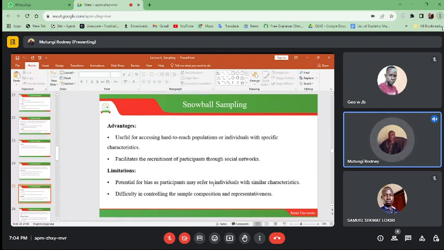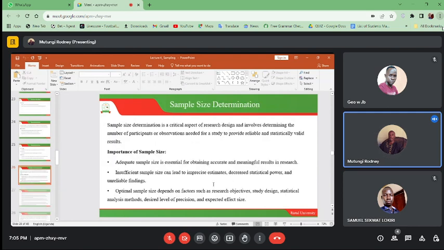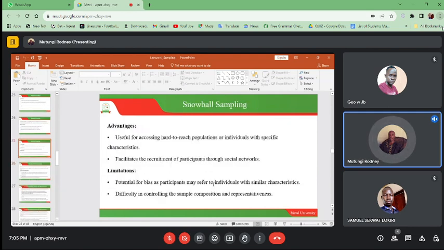With snowball, you have to interview that person. But by interviewing that person, it could mean that you are going to include almost the same characteristics, which could hinder your representativeness.